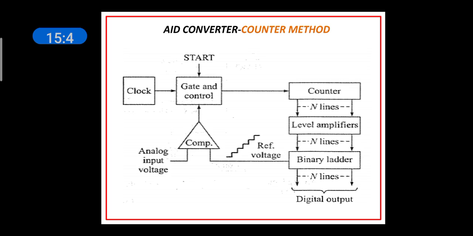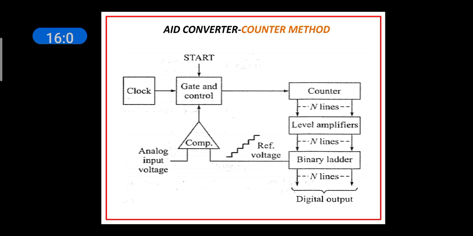When the gate is opened, the clock signal goes to the counter through the gate and the counter starts counting. When the counter starts counting, the reference voltage increases in step. So the reference voltage is nothing but a step voltage.